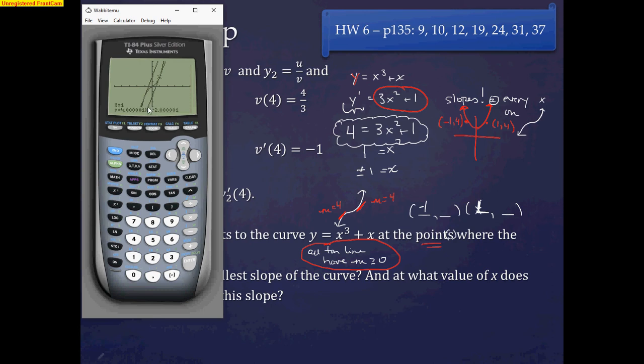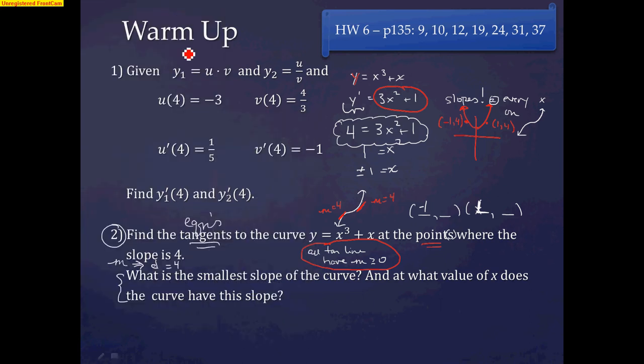What's the slope of that tangent line? Also 4. Hey Algebra 1 kids, what do lines with the same slope look like? Yep, you got it. Parallel. Do you see the two tangent lines? Both of their slopes are 4. And remember what points those were at.